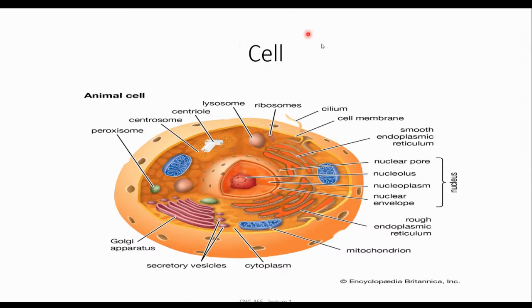So we talked about the cell, that everything regarding DNA that we talked about happens inside the nucleus of the cell. So it's nice that you go through this. It's not necessary to memorize all the terms now.